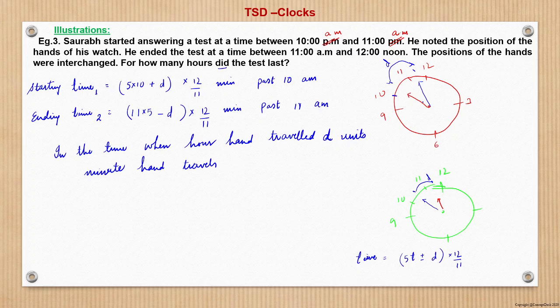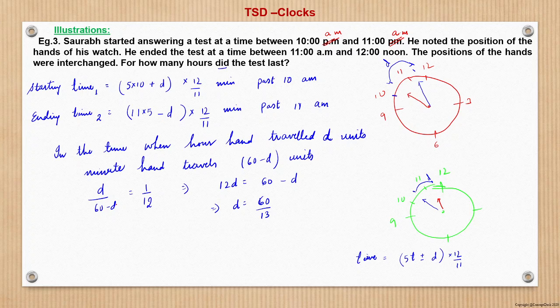So basically this is nothing but 60 minus d. So it travels 60 minus d units, right? And since the time is constant, the ratio d upon 60 minus d will be nothing but the speed ratio, that is 1 is to 12. So this gives 12d is equal to 60 minus d. So from here we get d is equal to 60 upon 13. This value of d we will substitute in the two equations.